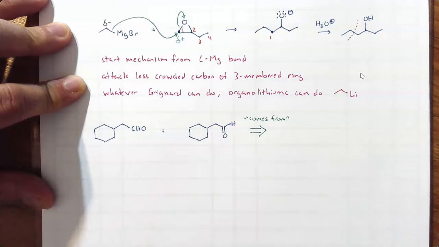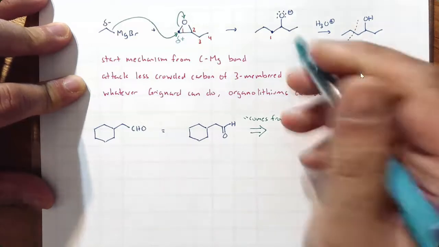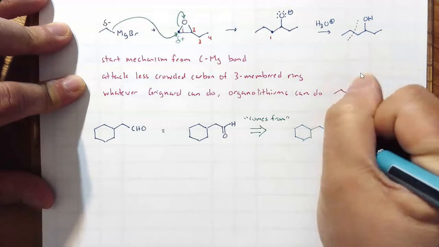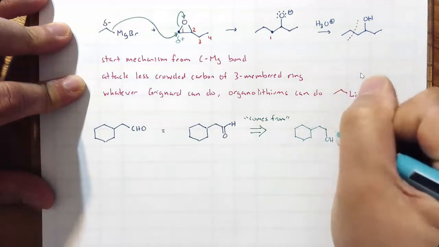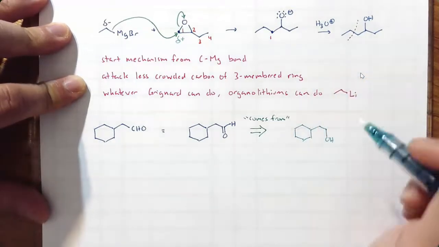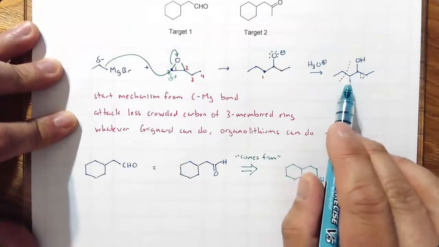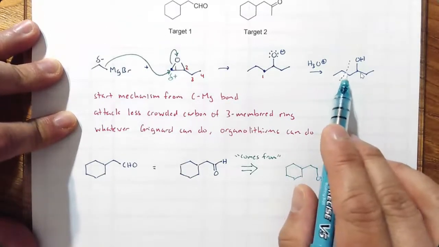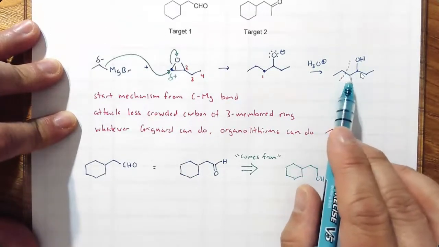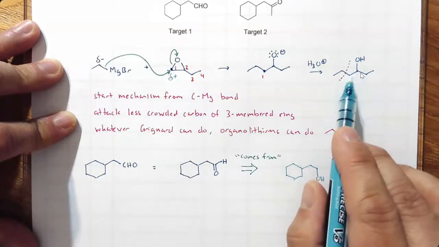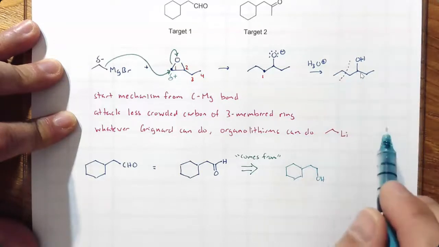Where did this come from? Well, our guess is it came from this alcohol. Well, nuts. Where did that alcohol come from? Look at the bonding here. See, it was this bond that was made. It's between this carbon next to the carbon of the alcohol and the next carbon.